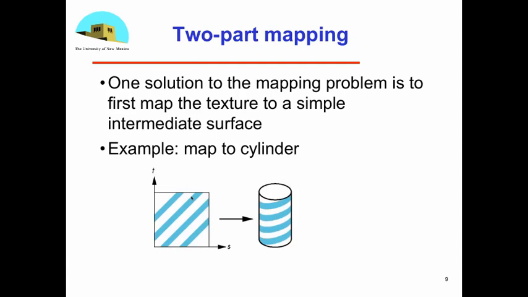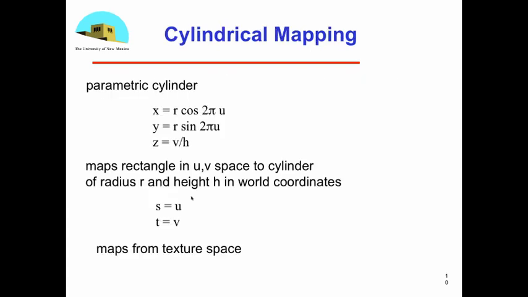So here's a traditional way people did this. They used what's called a two-part mapping, and we'll see that when we start talking about cube maps a little later on, which use the same idea. If I had some simple objects, I could do it. For example, if my image was like the label on a soup can, that's always an example people use, it would be a nice rectangular area wrapped around a cylinder, and that's a very easy map to do, and I could combine that with a very simple parametric model of the cylinder.